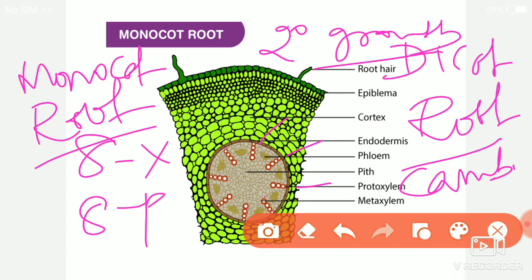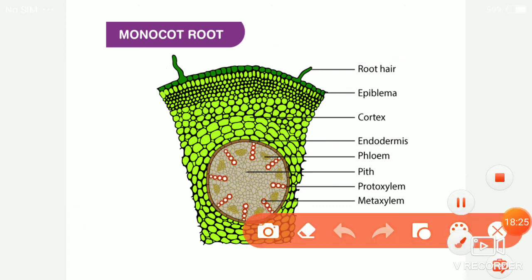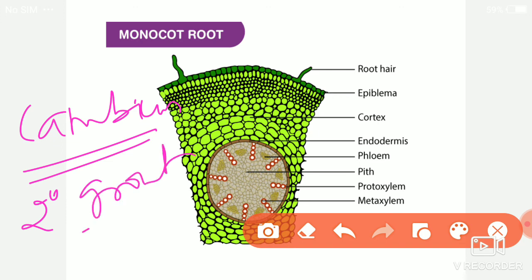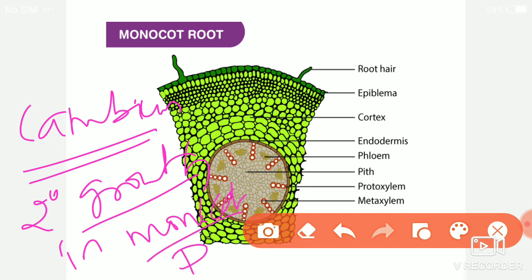But in the monocot plants, because the cambium is absent, secondary growth does not take place. So we cannot find big trees among monocot plants. Only small plants or small trees can be found among monocot plants.